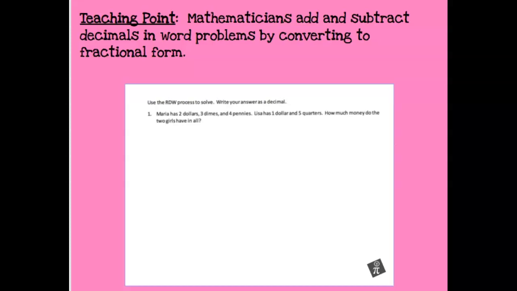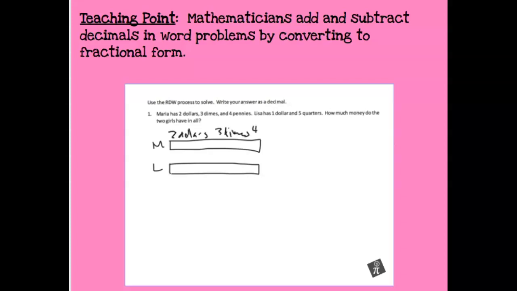Now, I think we could, if we wanted to, do this as a single bar, but I'm going to really show that we have two characters in this story. We have Maria and we have Lisa, and at this point I'm going to draw the same length tape diagrams. And it says Maria has, and then I'm going to put $2, 3 dimes, and 4 pennies.